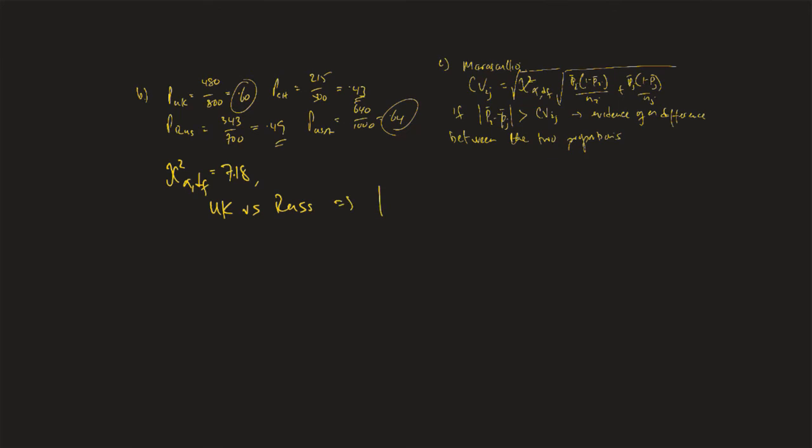So the absolute value of 0.6, that's the sample proportion for the UK, P bar UK. I forgot to put the bars on those samples, but I don't need to repeat this.